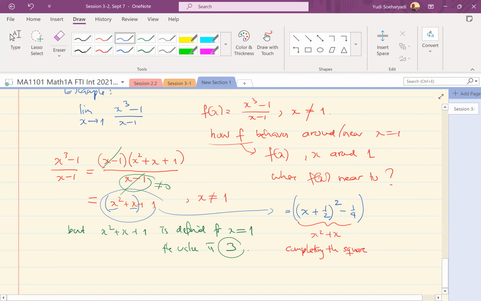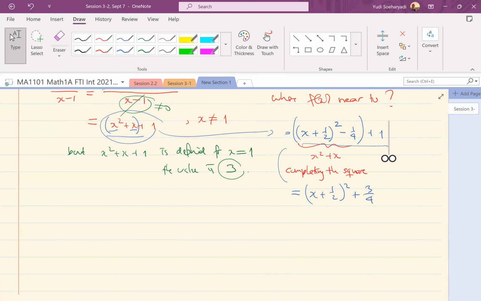All right, so then we still have this 1 here. So this and this are now the same. Okay, and we can rewrite this as (x plus 1/2) squared plus 1 minus 1/4, so 3/4.